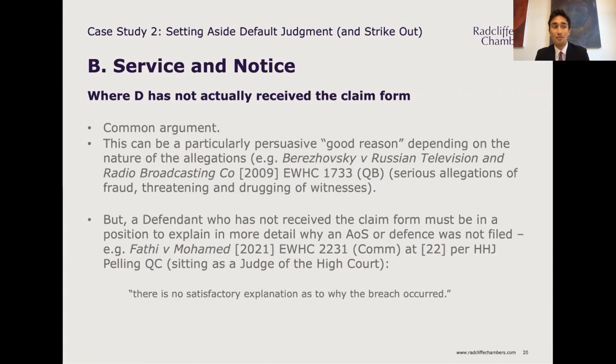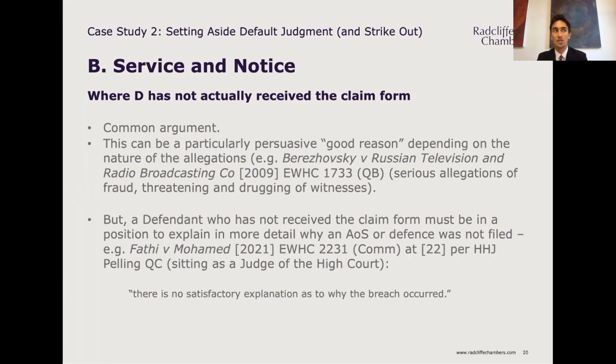Now, for obvious reasons, he hadn't received notice of the proceedings, but the judge said, whilst this was prima facie a good reason, under the relief from sanctions test in Denton, the defendant needed to explain in more detail why the breach had occurred, why hadn't he responded to the claim.